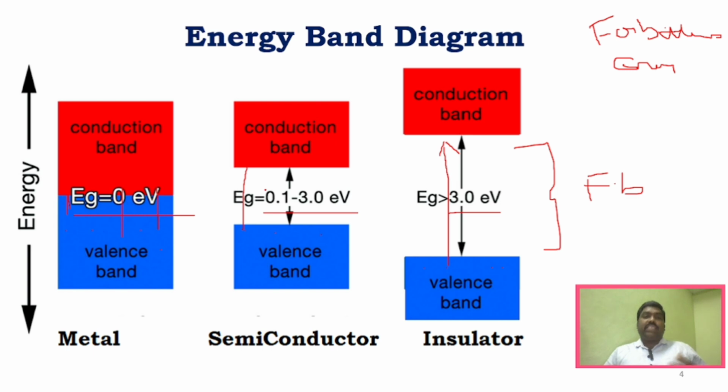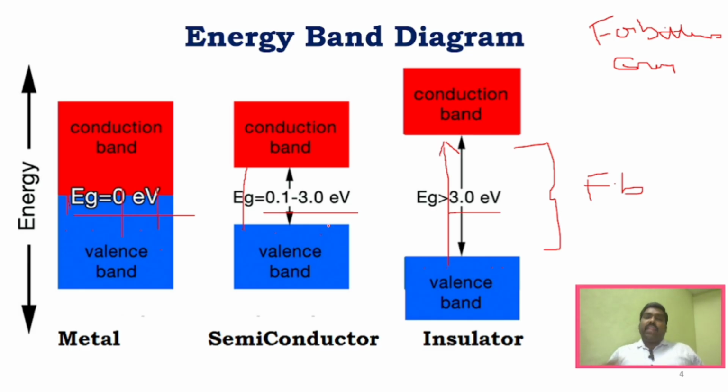If they can get more energy, then they can reach the conduction band very easily. So the energy acquired by the electrons will make them move from the valency band to the conduction band, which results in conductivity, right?